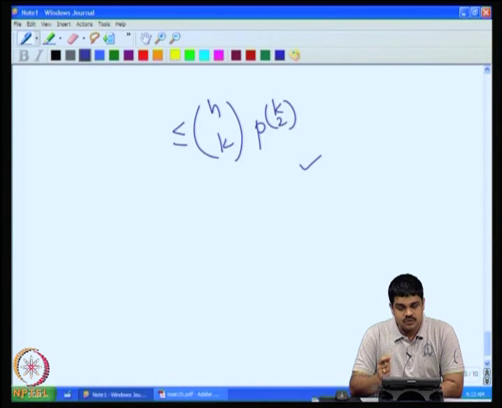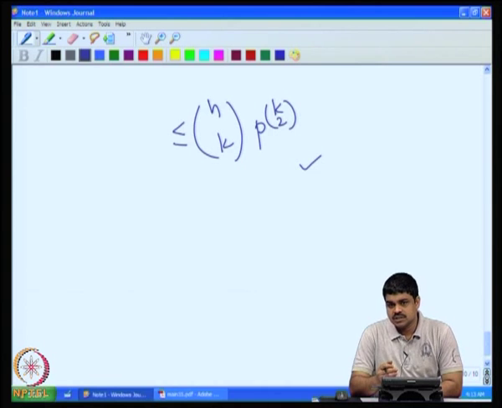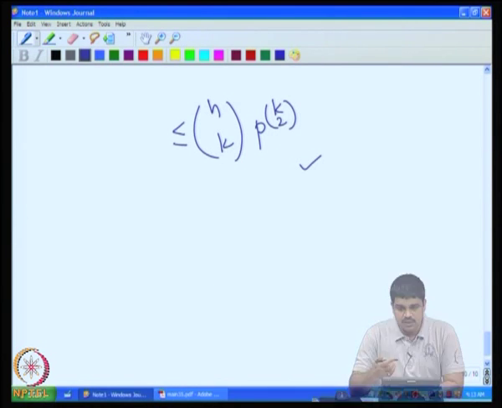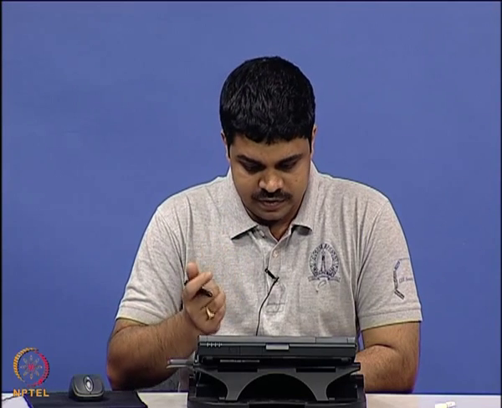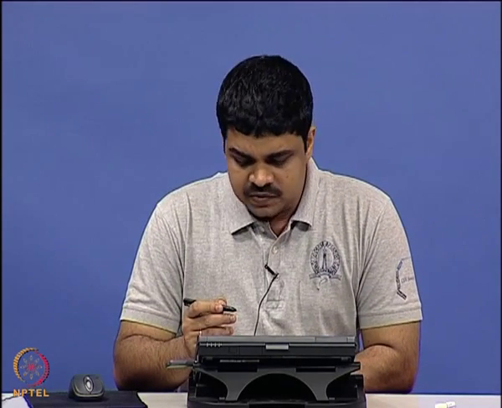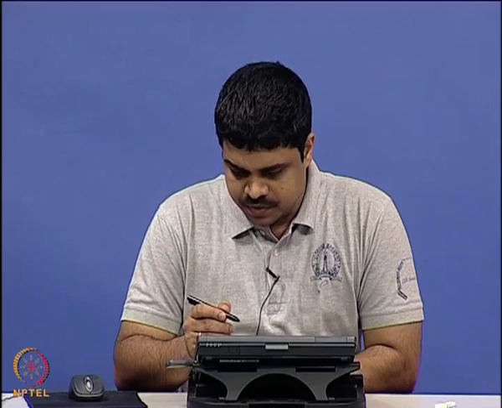So p raised to k choose 2 is the probability that a clique occurs in a given set of k vertices, but then there are n choose k such possibilities. So, we can sum them over all of the subsets, but then it is only an upper bound because some of them may happen together. So, they are not mutually exclusive events. This is to illustrate the calculations involved.